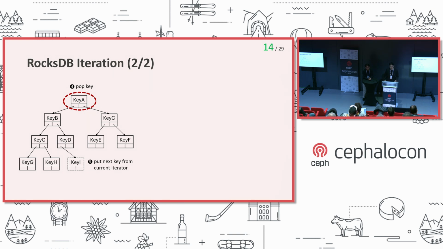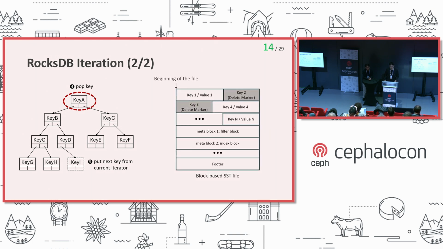Now, let me explain how the iterator advances internally. On the right, you can see the format of a block-based SST file. Keys are stored in data blocks, followed by meta blocks, which include Bloom filters and index blocks, and the footer marking the end. When iterating through an SST file, let's say the iterator starts at key 1.